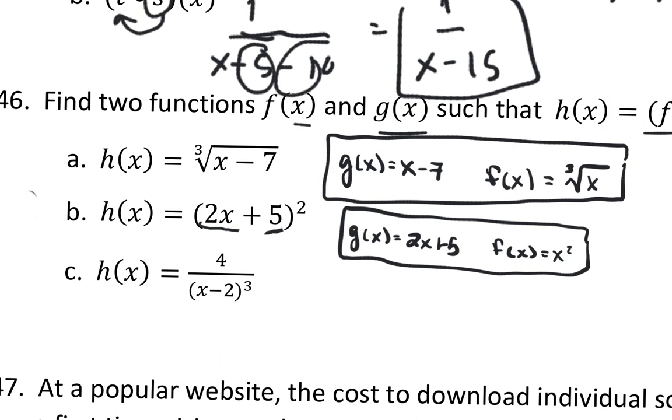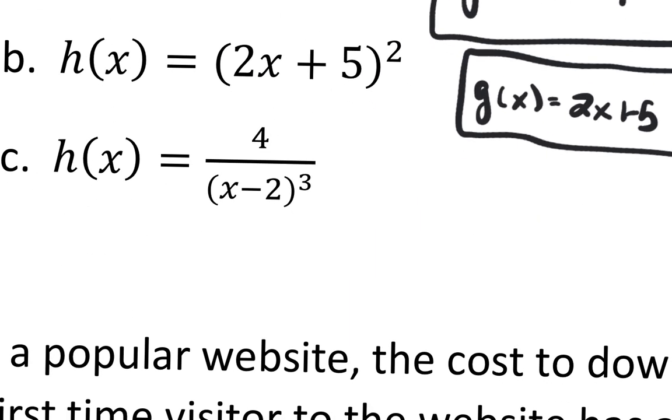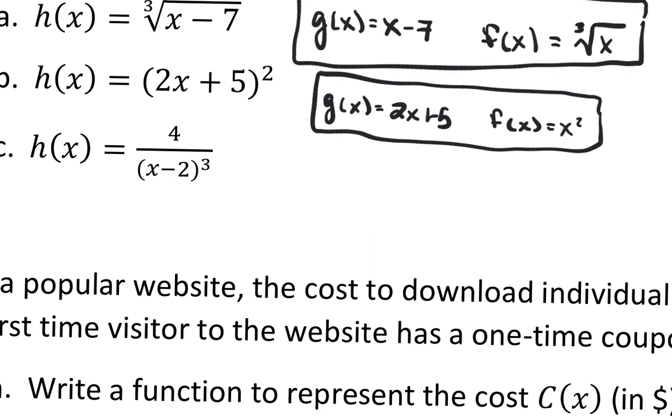Now moving on to the last part, we have 4 over x minus 2 quantity cubed. So what I'm going to do here is take that x minus 2 as my g of x. So g of x equals x minus 2. And everything left over is that 4 divided by our cube.